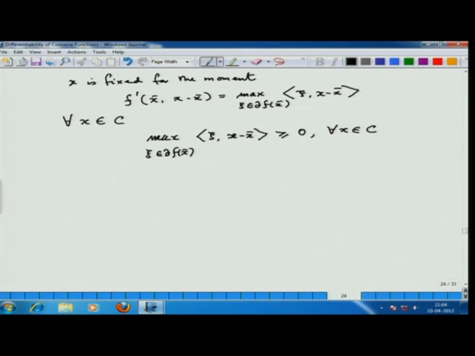Now, for each x, there exists xi such that xi belongs to del f of x bar. Of course, xi depends on x. Such that xi times (x minus x bar) is equal to the max.